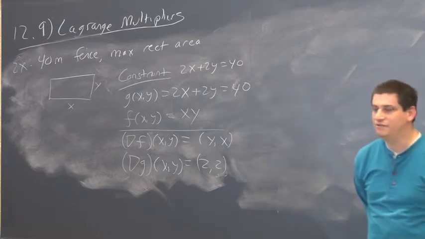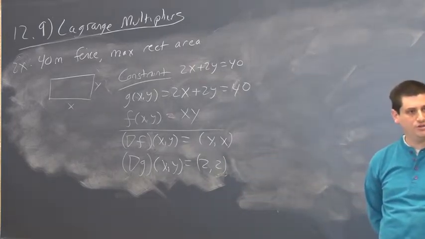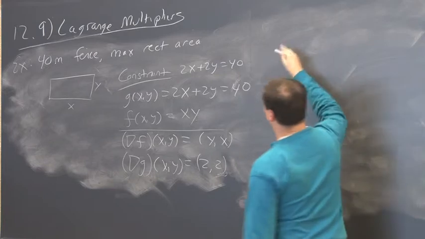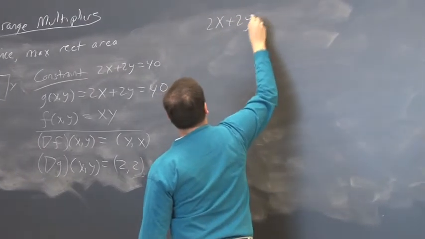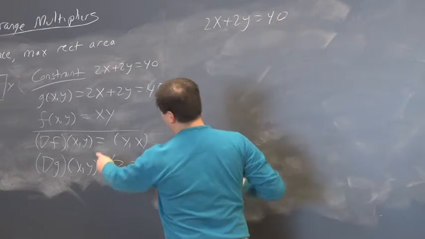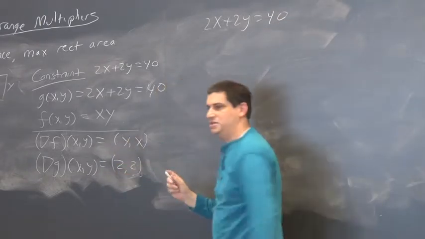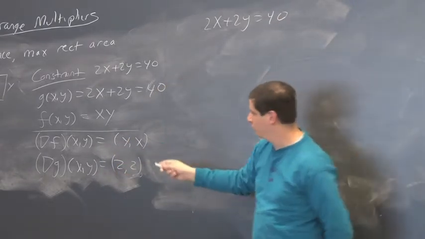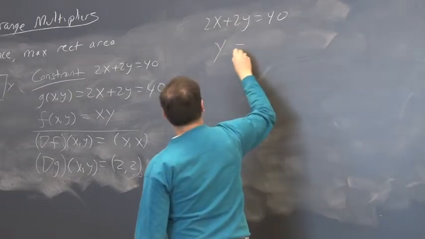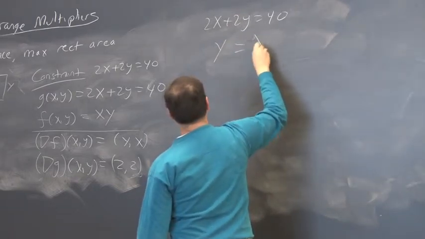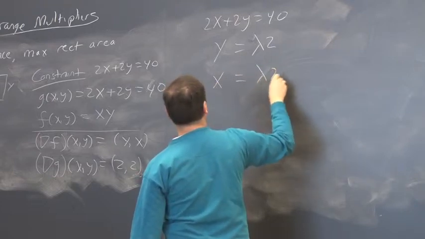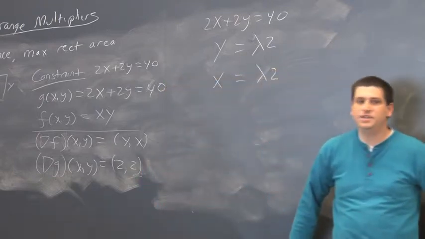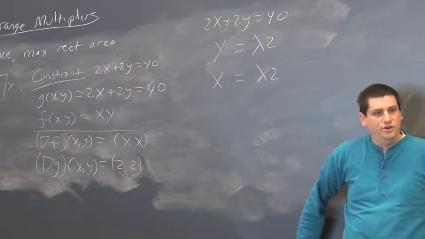So we write down very carefully our 3 equations and our 3 unknowns. We have 2x plus 2y equals 40. The first component has to be lambda times the first component here, so y equals lambda times 2. And the second one is x equals lambda times 2. So these are our 3 equations and 3 unknowns.